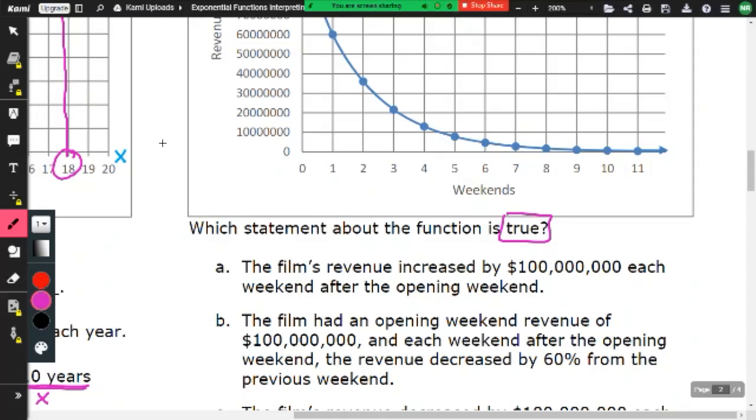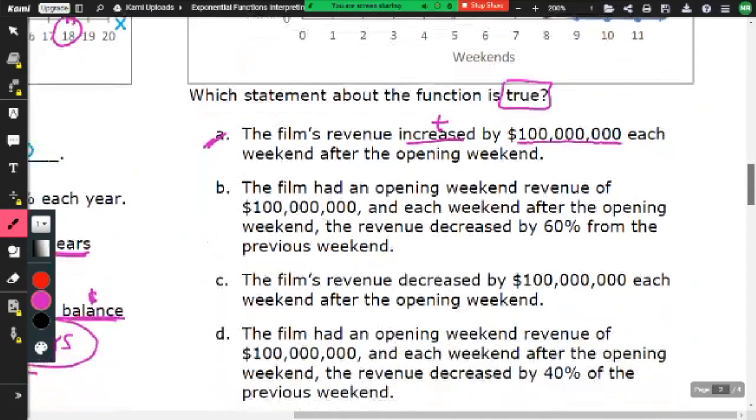Same thing. It says the film's revenue increase means add by what? 100 million. It gives us a number, so we're adding. Did it increase that way? No.